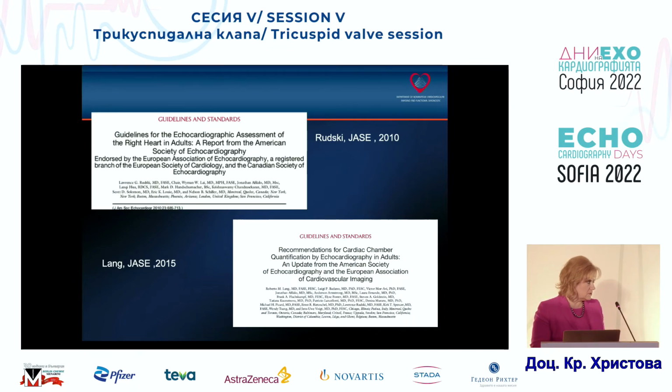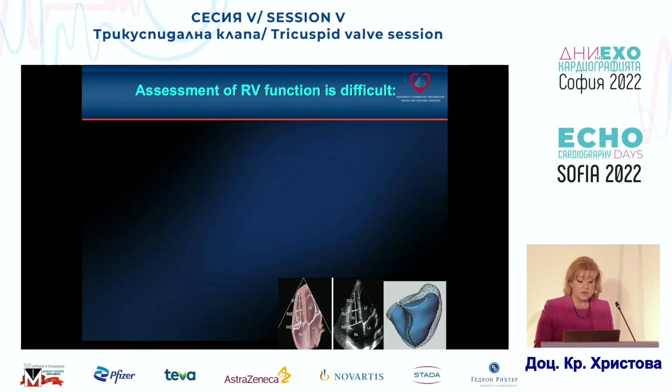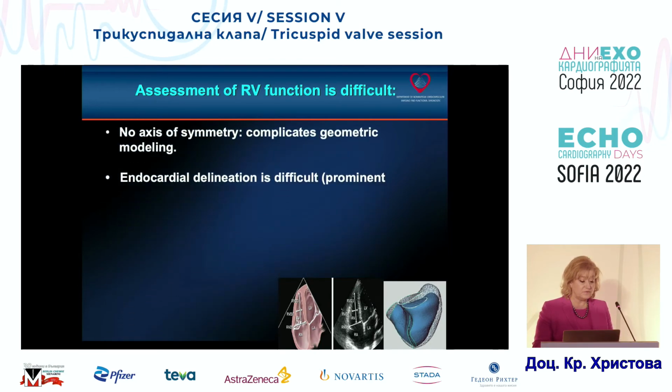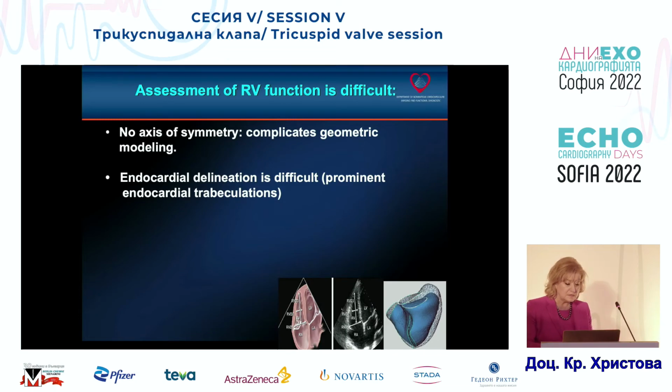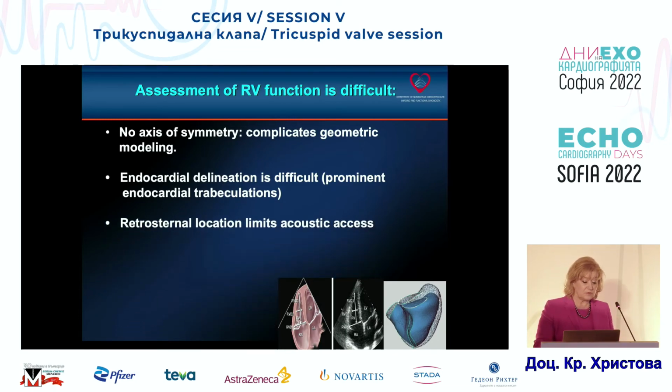Предстои издаването на новите гайдлайни, които ще включат абсолютно всичко, което е ново по отношение на оценката на дясната камера. Всички знаете, че в ежедневието дясната камера е доста ограничена като изследване от двуразмерната ехокардиография поради асиметрията на самата камера, комплексната геометрия, трудното делиниране на ендокарда и поради ретростерналната локация, което лимитира акустичния прозорец при нашите пациенти.